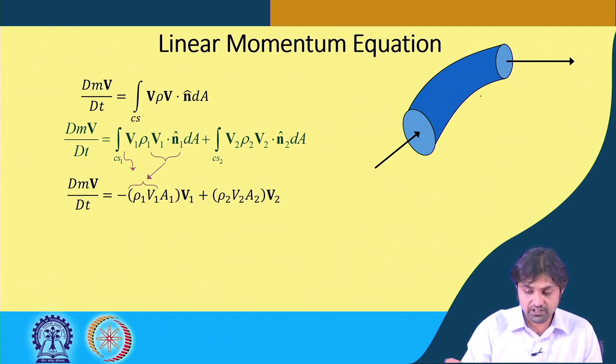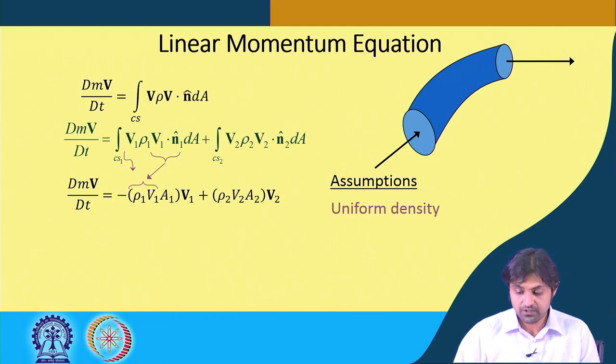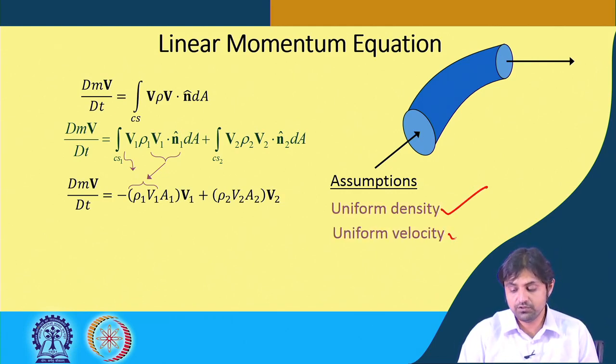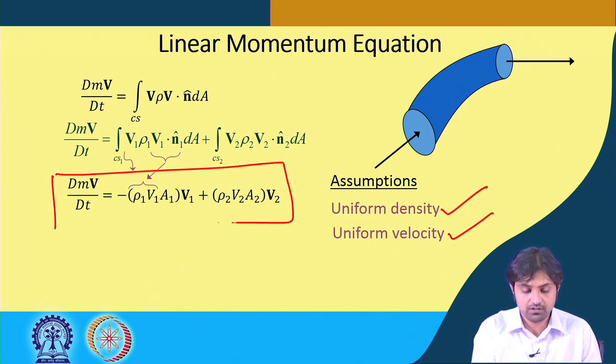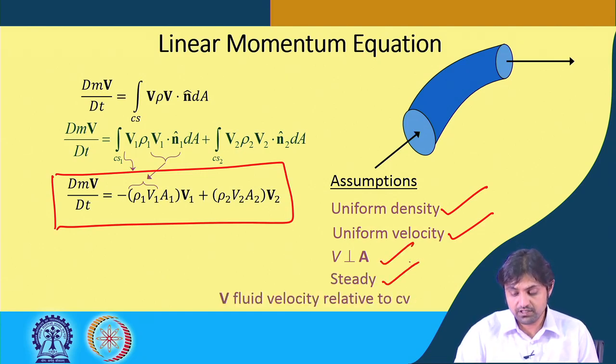If we take this direction as positive, that is why this is negative. The assumptions are uniform density, uniform velocity, V always perpendicular to the area, and steady state.